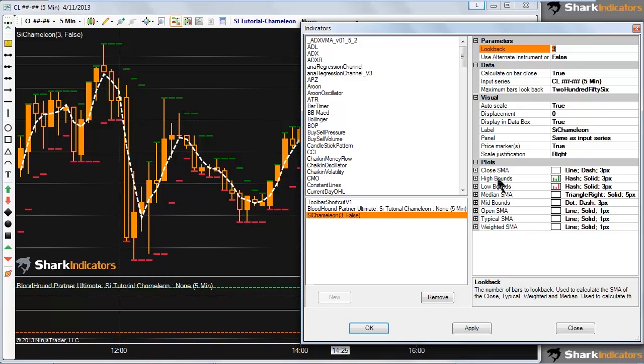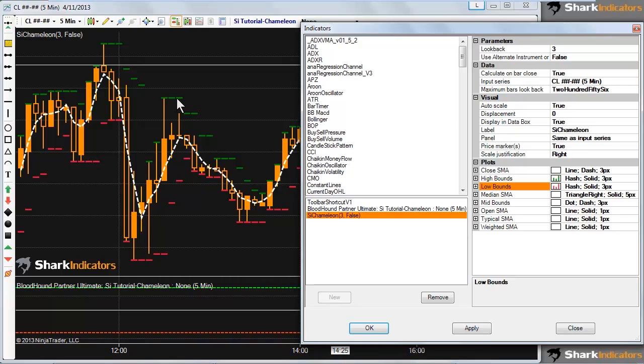Now if we look at the high bounds, marked by green, and the low bounds, marked by red, the bounds designation means we are looking back 3 bars to find the lowest low, or looking back 3 bars to find the highest high.